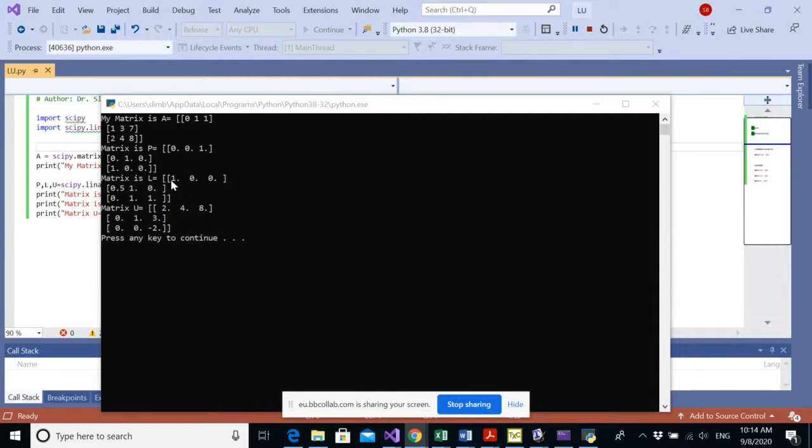So this is the matrix A, and this is the corresponding matrix U. Okay, guys? I already uploaded this code immediately after the class last time, when I started the SciPy package. Any questions on that, guys?